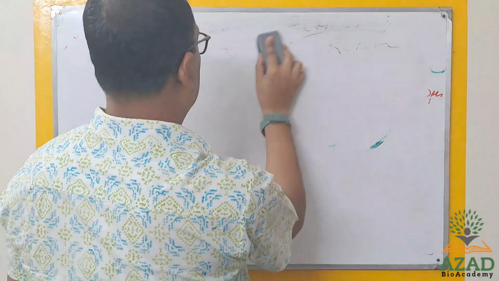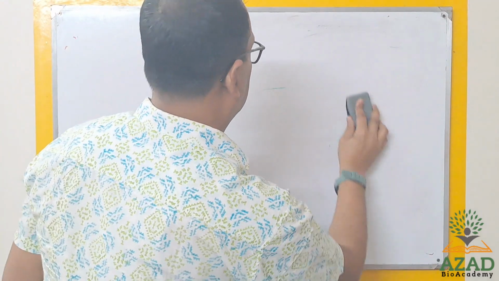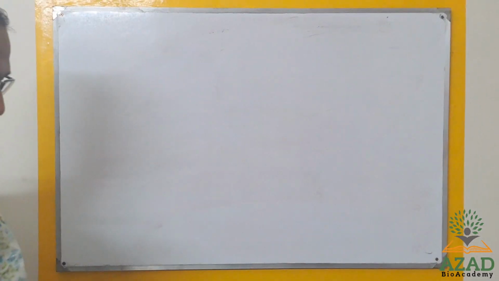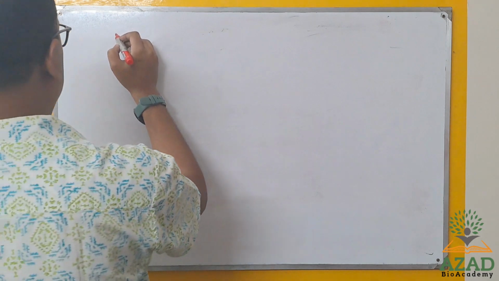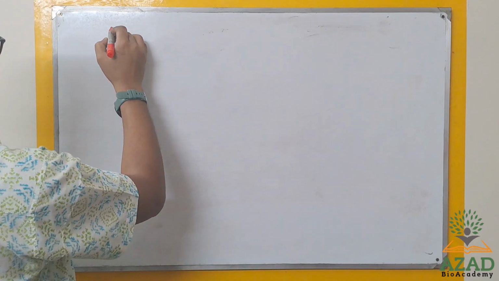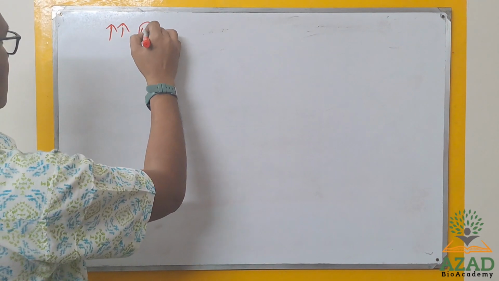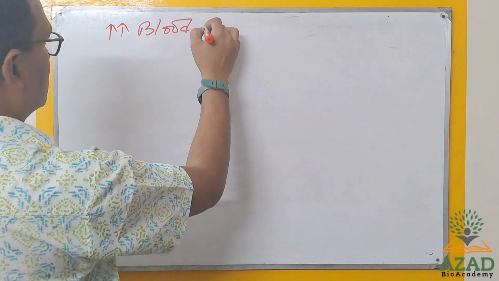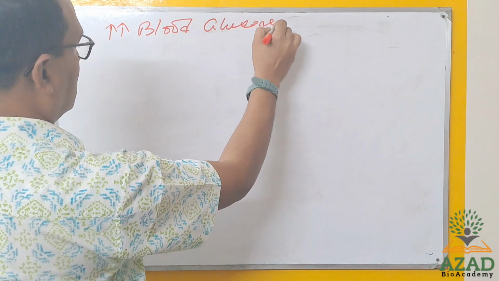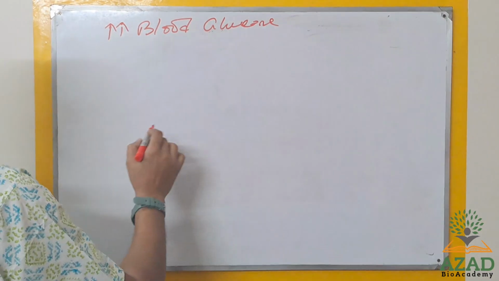Okay, so now come to the details. Suppose your blood sugar level is high, that means excessive blood glucose. Okay, then what will happen?